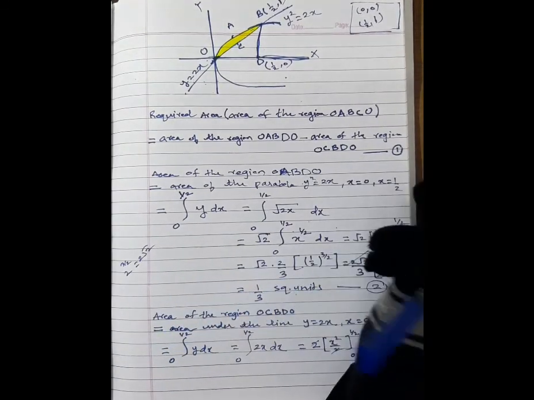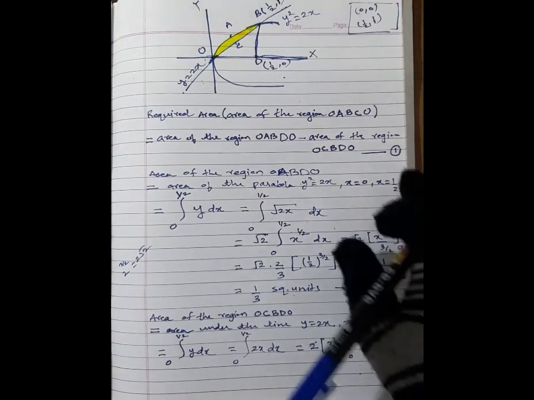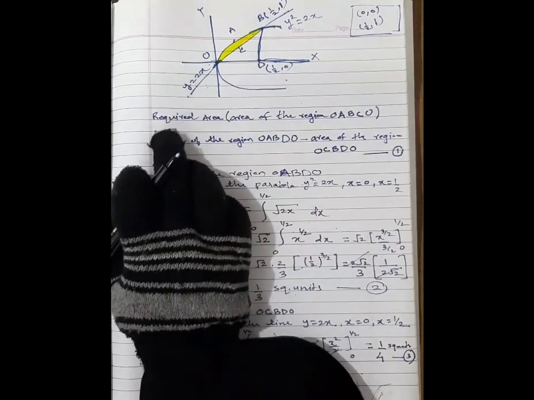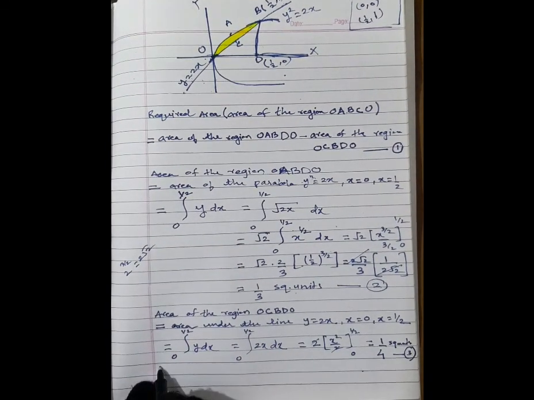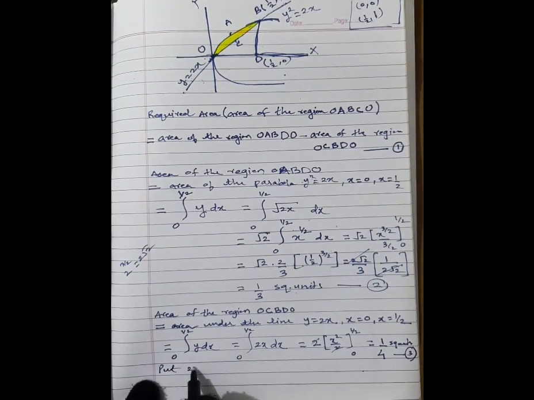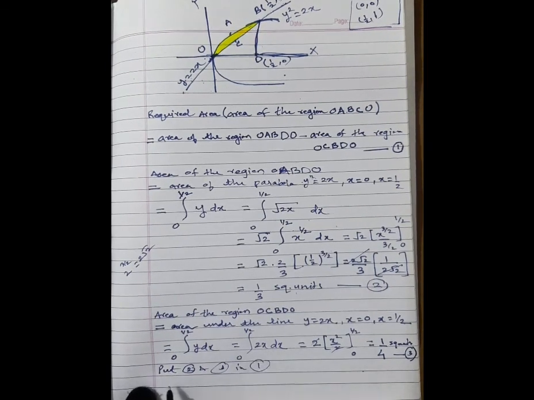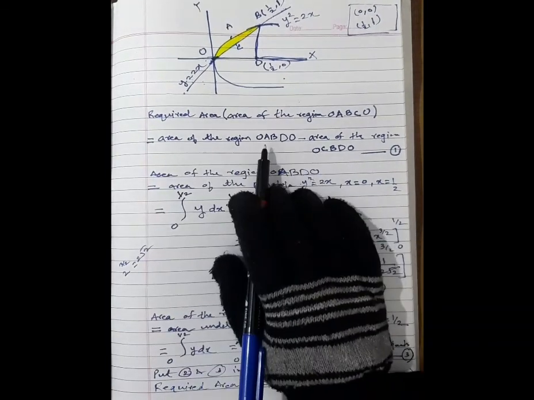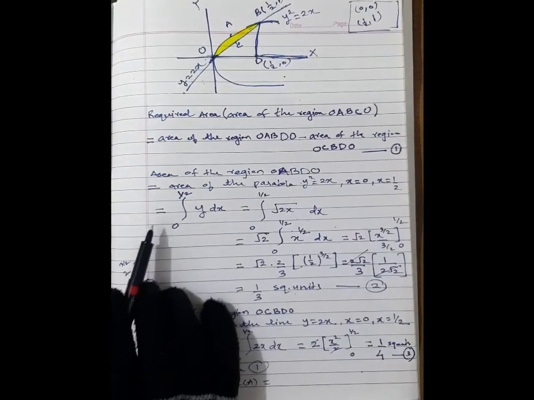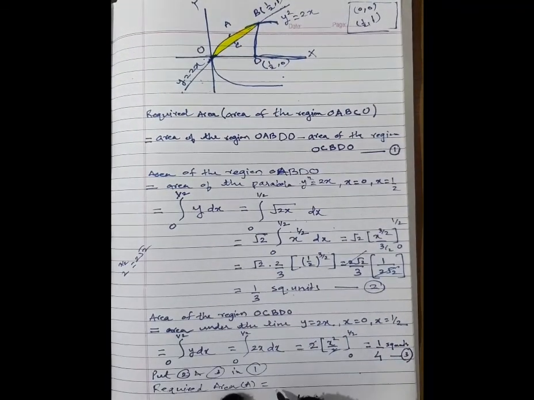So next here we'll substitute, put 2 and 3 in 1. So our required area is coming. Here we'll write our required area, which is equal to area of the region OABDO. This area is coming 1 upon 3.